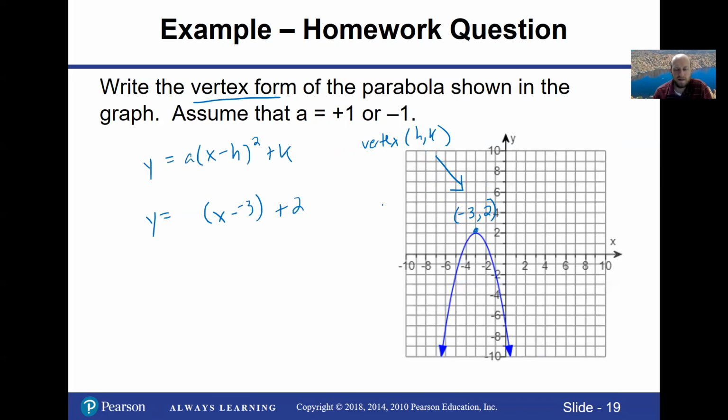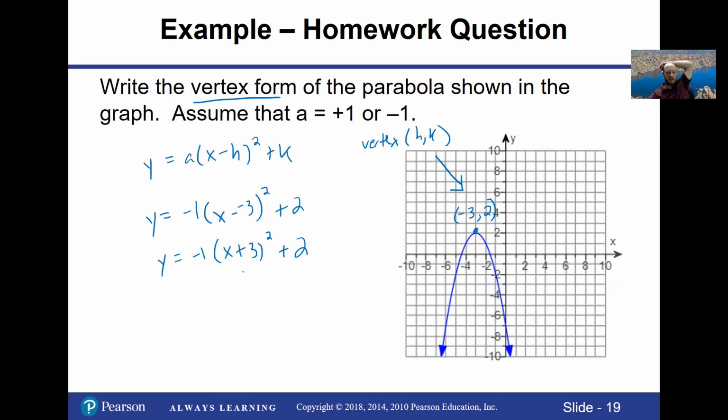What's our a value? From last section, it's opening downward, so it's going to be negative 1. And I see here that I have a minus, that's going to become a plus. Oops, I forgot to square this. So y equals negative 1 times x plus 3 squared plus 2, because it's opening downward.